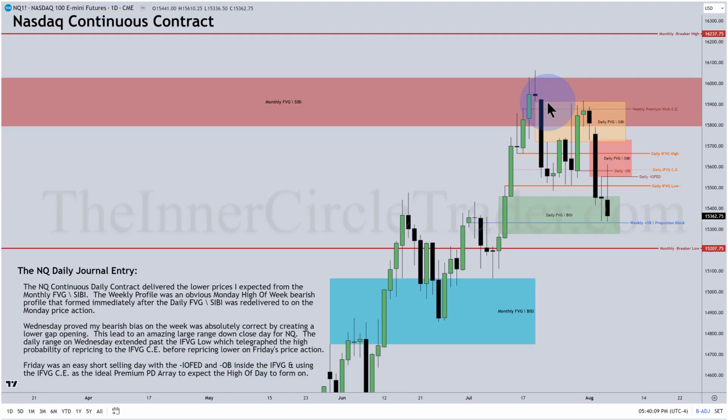So we also have this area here, which is a what? Fair value gap. But think now, if this is an inefficiency and it's a fair value gap, what kind of fair value gap is this? Buy side imbalance, sell side inefficiency, just like this one is down here.